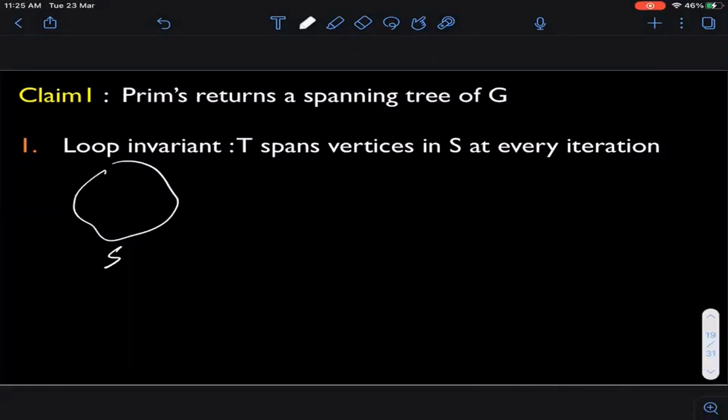Since it's a loop invariant, I think it's immediate that you should try induction here. So, proof by induction. And the proof is very easy actually.